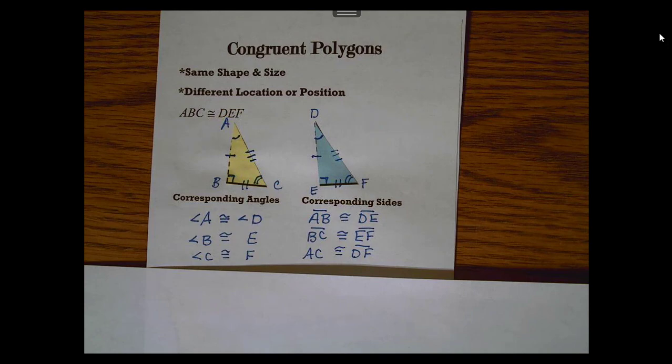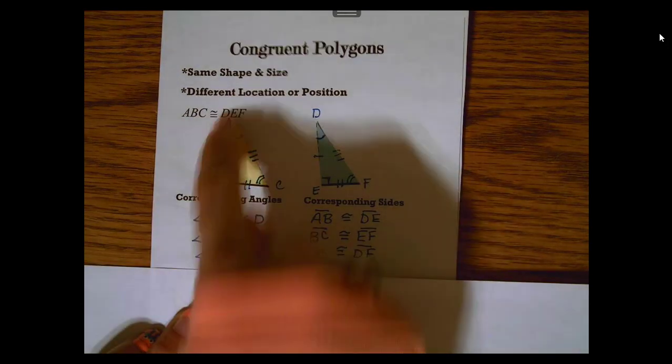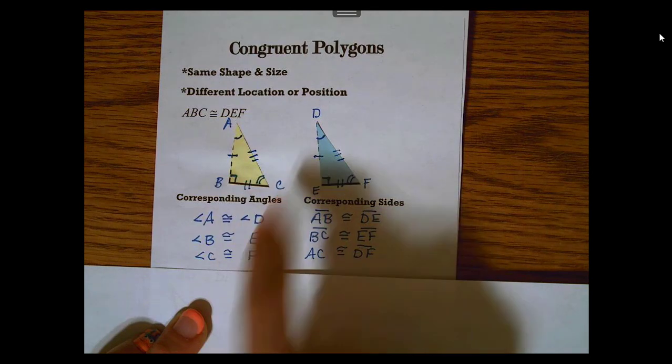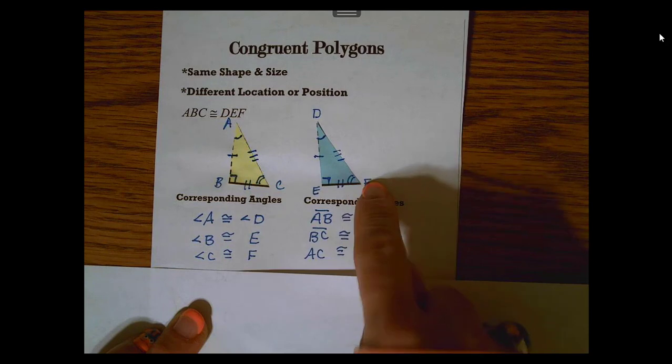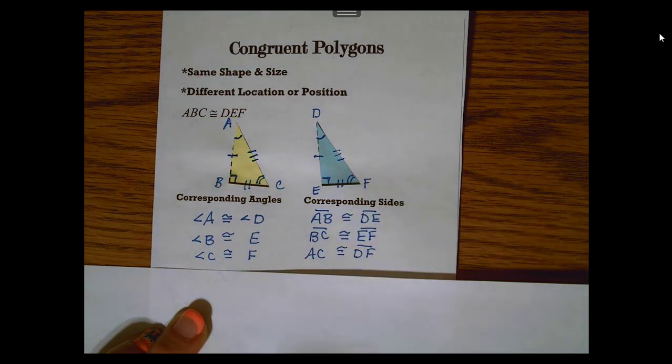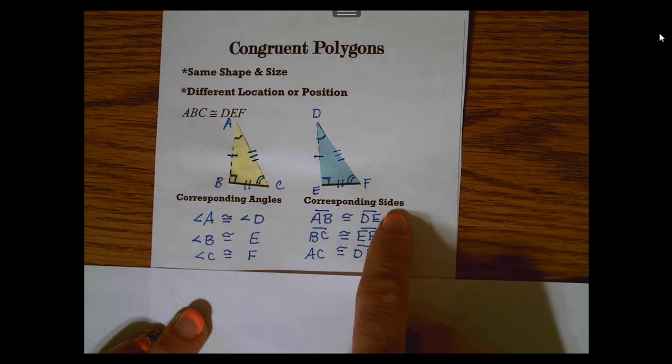So what's happening here is that triangle ABC is congruent to triangle DEF. And so what we end up getting are these corresponding angles and these corresponding sides.